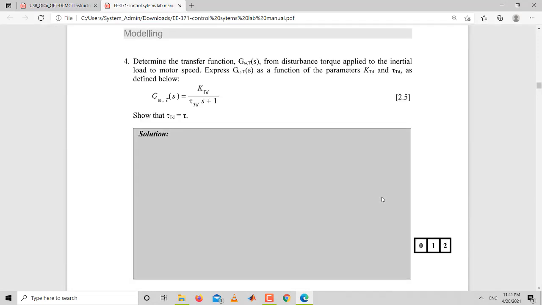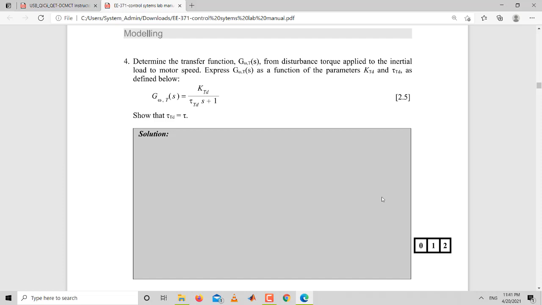As we have done for the input voltage V, we have to repeat the same procedure for the input being the disturbance tau d. This is a bonus exercise: you have to develop the transfer function of the same system, but now the input is different.